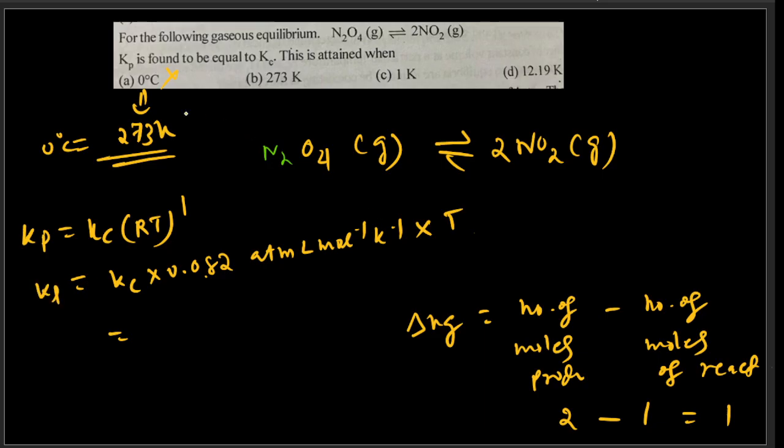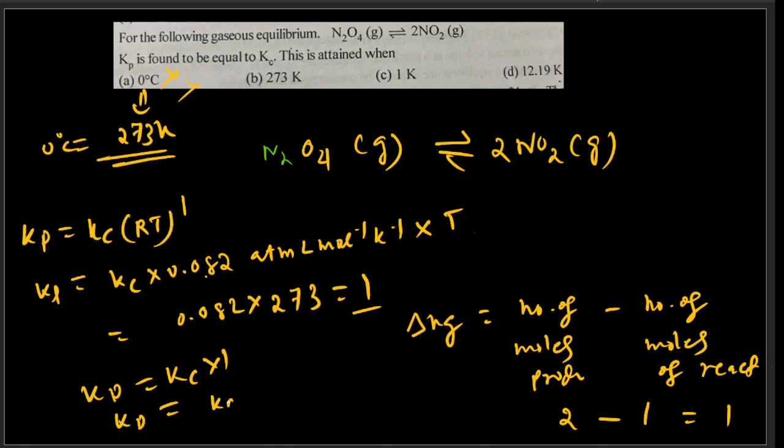So this will not work. This does not match because 0.082 into 273 has to give 1, so that Kp equal to Kc into 1. So that is Kp equal to Kc. So option A is wrong.